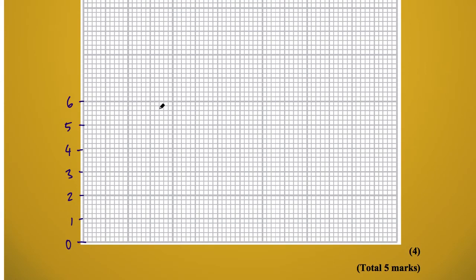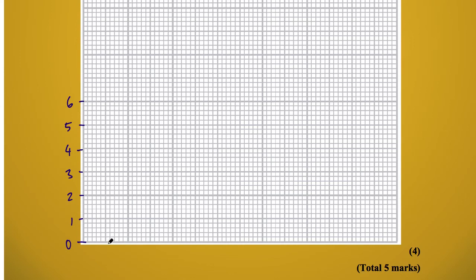So I'm going to start at 0 here. 1, 2, 3, 4, 5, 6. Given that I've got enough space, I could have used a full square for each one. This is fine though, as long as I'm aware that each of these little squares is 0.2 in this case.